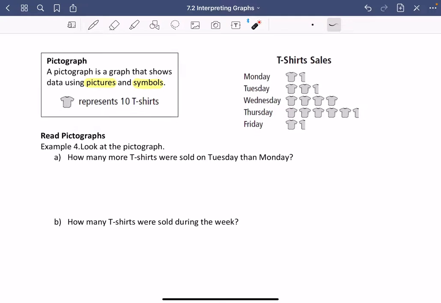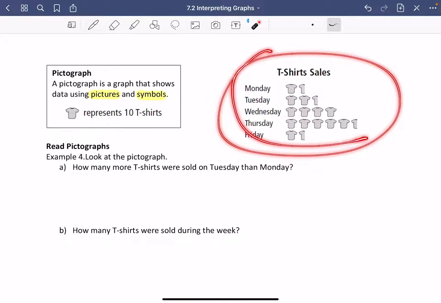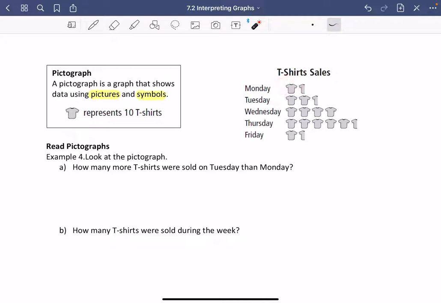So for example, in this diagram you have t-shirts, and it says that each t-shirt represents 10 t-shirts. Now looking at this graph, how many more t-shirts were sold on Tuesday than Monday?